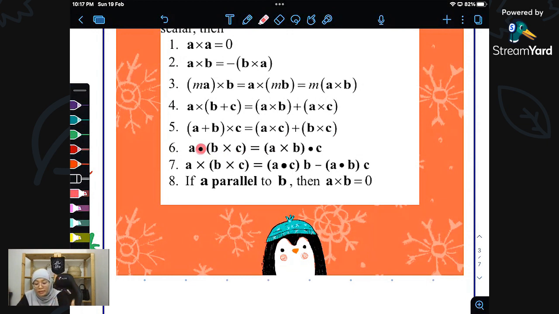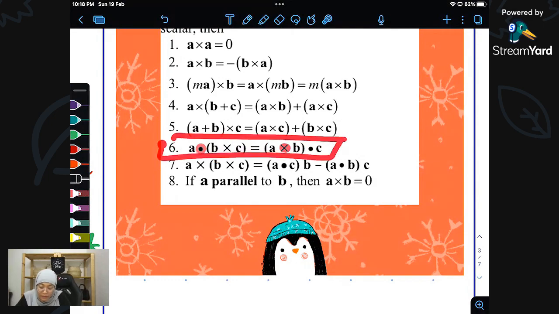And then when we apply the properties, it automatically becomes cross in front. Originally it was dot in front, but this time when we apply the properties, it becomes cross in front and dot at the back. So now A dot B has become A cross B in front, and then dot C at the back, not the same as the original.